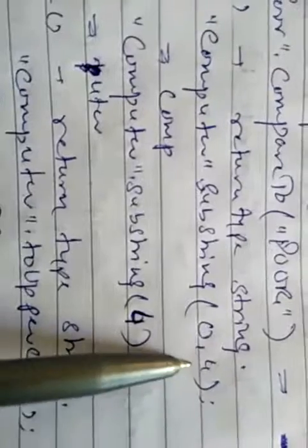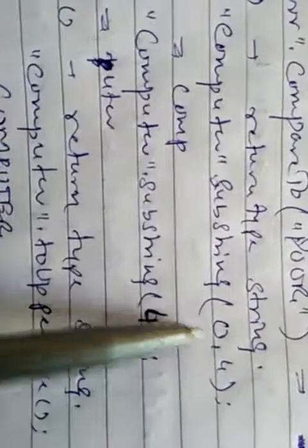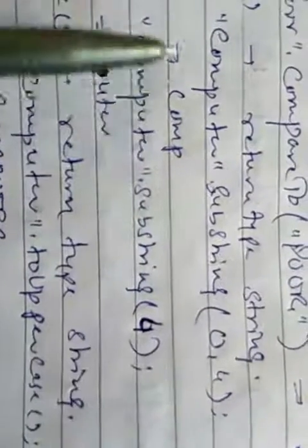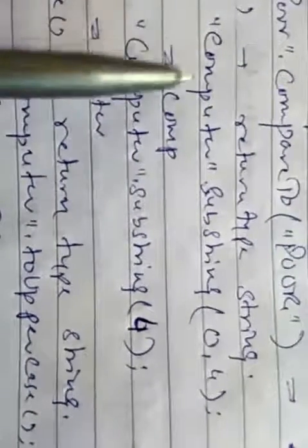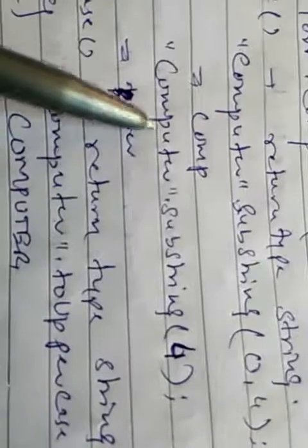The last position works as end minus 1, so the string will return the answer from 0 to 3. From computer 0, 1, 2, 3, the answer is com. Second, in case we are mentioning only one parameter in a substring, this will be only the starting position. So from the fourth, we will get uter, 0, 1, 2, 3, 4, 5, 6 and 7.